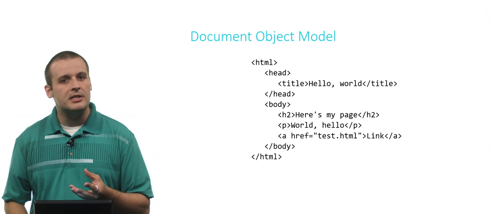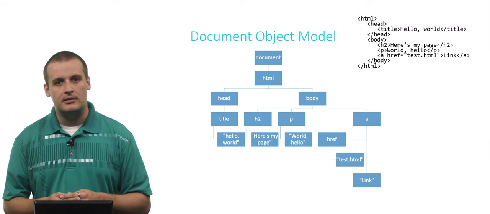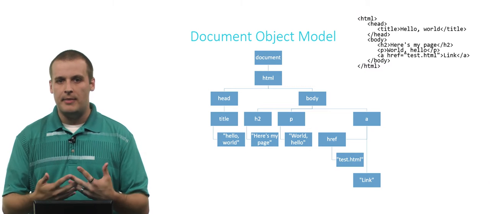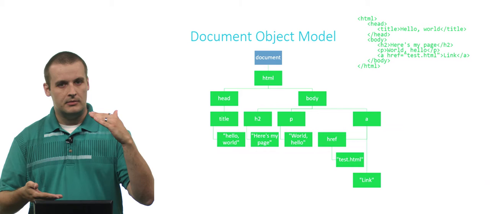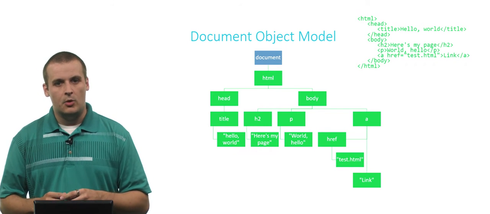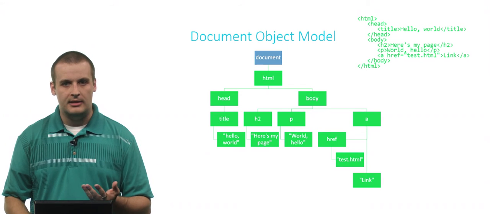So for example, here is what a tree structure of that simple web page we just looked at might be. So we have a document, and inside of that we have HTML, and that's represented by the HTML tag that we have, and everything inside of it is nested below it, as you can see. Within our HTML, there are two main things at the next level down. There's the head and the body.